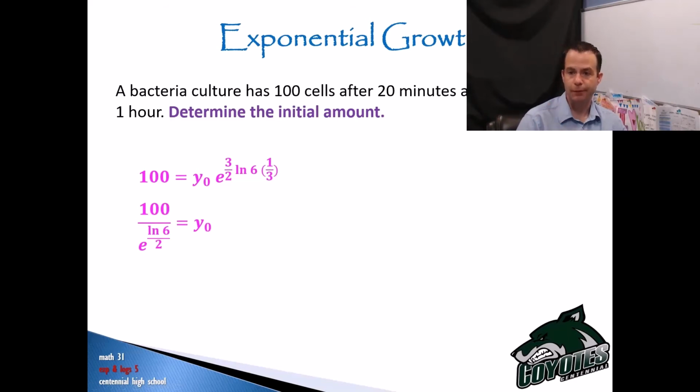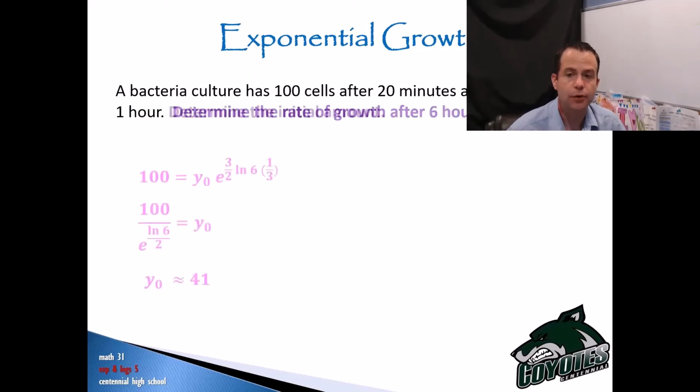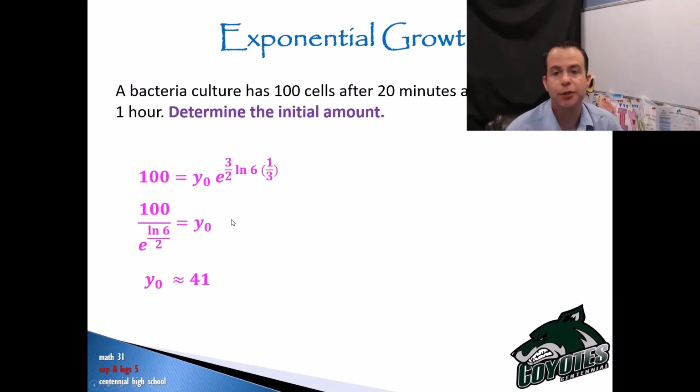That's where that's coming from. Okay, I typed that in my calculator. My initial population was around 41. Okay, so now my equation adjusts. Oh, I didn't write it there, sorry. But now my equation would adjust to y equals 41 e to the 3 over 2 ln 6 times t. That's now what my equation is, and I can use that to figure out other things.